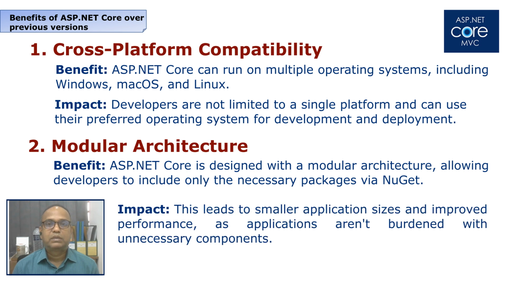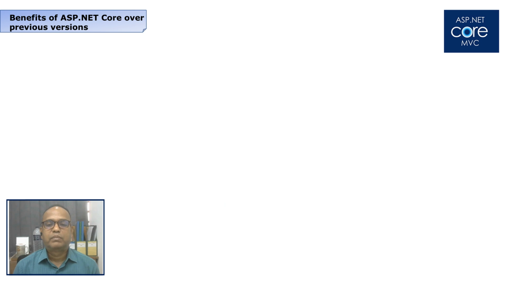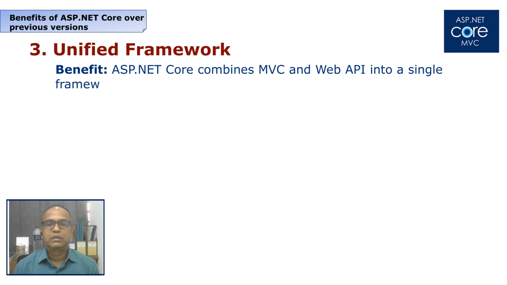Impact: this leads to smaller application sizes and improved performance, as applications are not burdened with unnecessary components. Number 3. Unified framework. Benefit: ASP.NET Core combines MVC and Web API into a single framework.